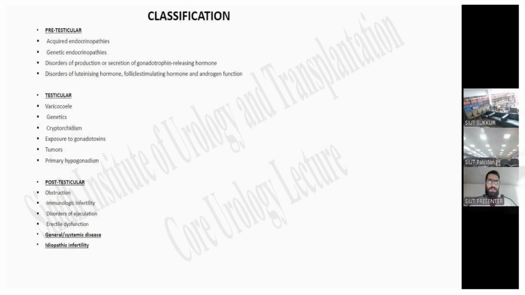And testicular causes include varicocele, cryptorchidism or undescended testes, tumors of the testes, exposure to gonadotoxins, or genetic abnormalities of the testes. Post-testicular causes include obstruction at any level, including the epididymis, seminal vesicle or ejaculatory duct obstruction. Also included are sperm immobility and disorders of ejaculation.